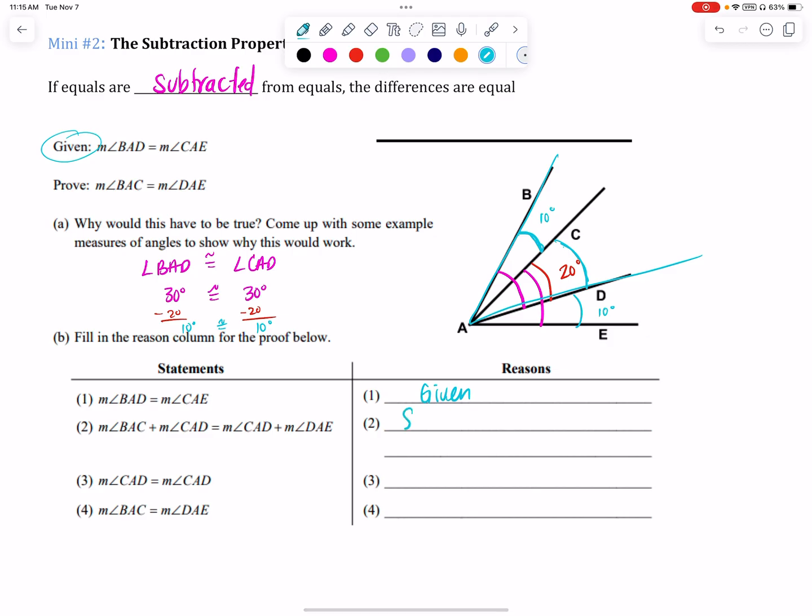So we could say substitution, or the whole is the sum of its parts. You could do one or the other, because here's the whole, here are the parts.